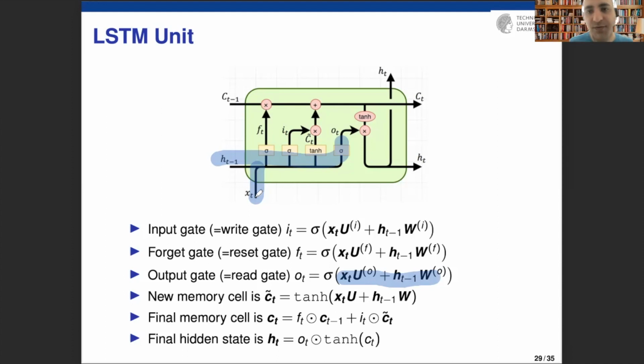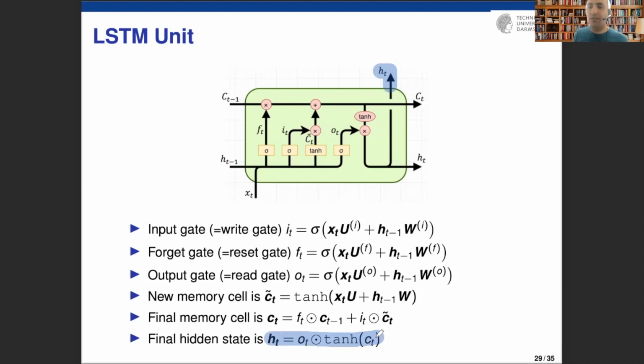Now we can go to the output part. As the output of the LSTM, we get ht, which is the hidden state representation at this time step. ht is the output.